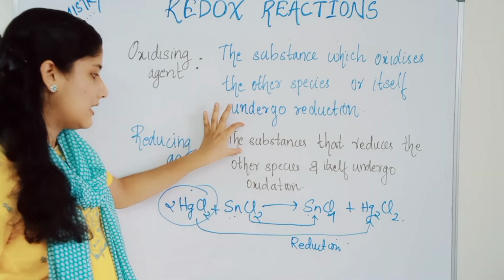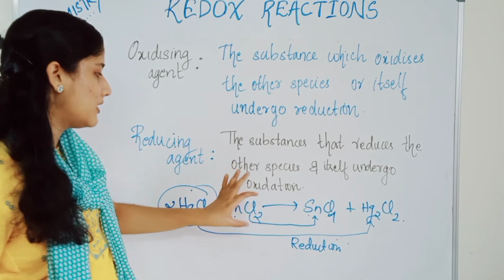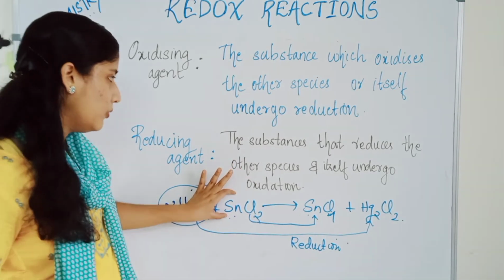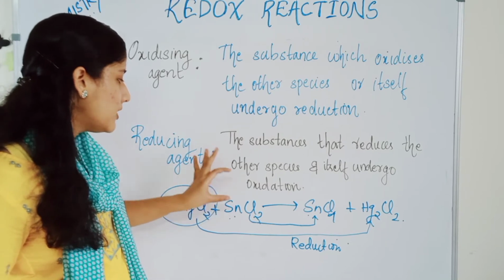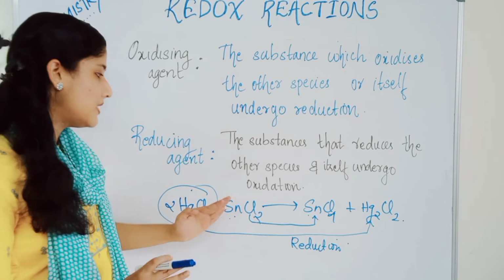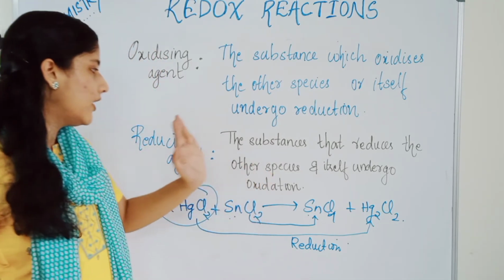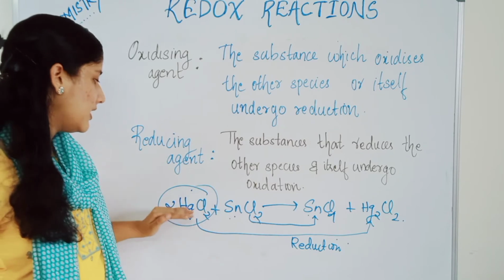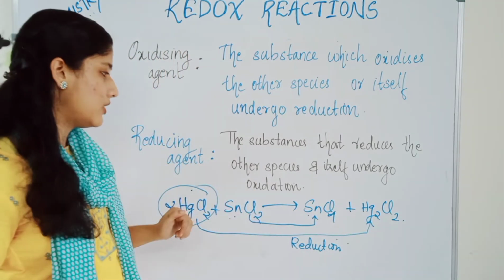SnCl2 reduces the other species, HgCl2 to Hg2Cl2, and itself undergoes oxidation.